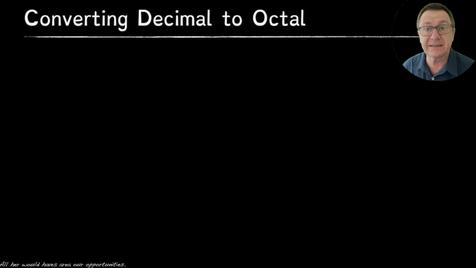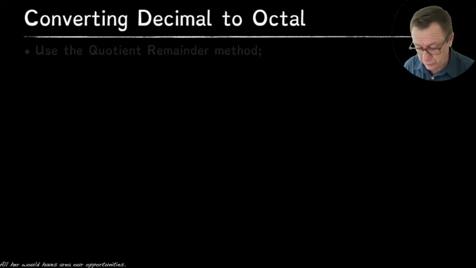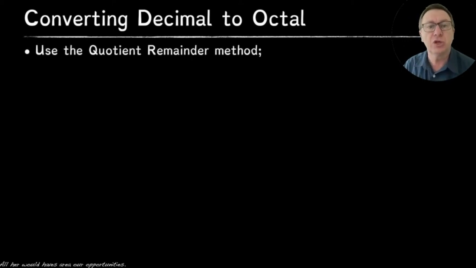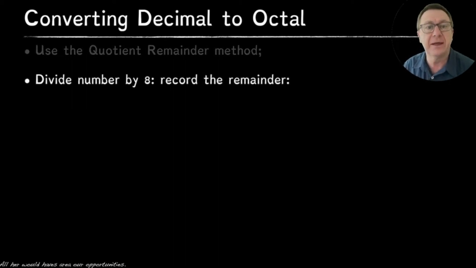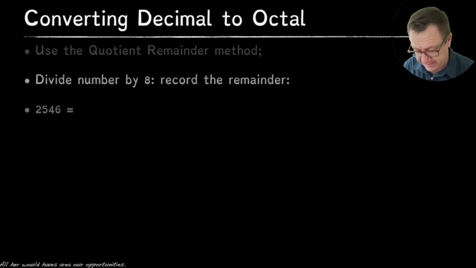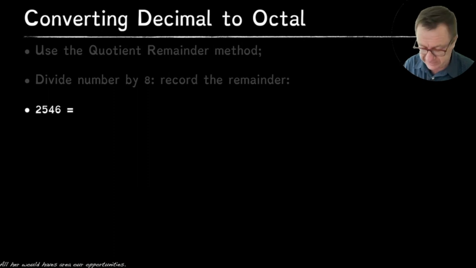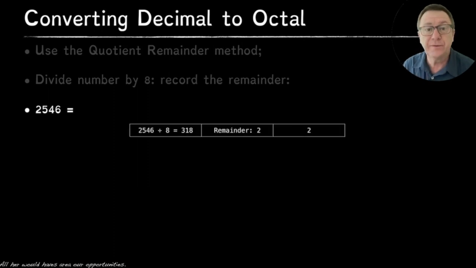Let's take it to the next level, converting decimal to octal. We're going to use the quotient remainder method, just as we've done before. Divide by 8 and we record the remainder, and then we use the quotient to divide again. 2546 divided by 8 is 318, remainder 2.